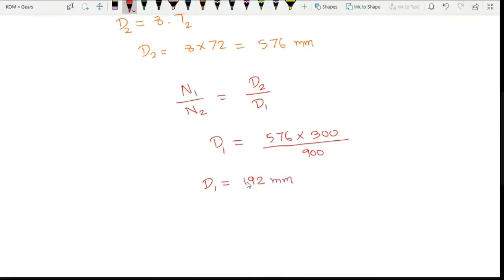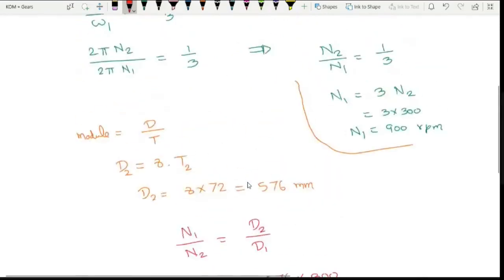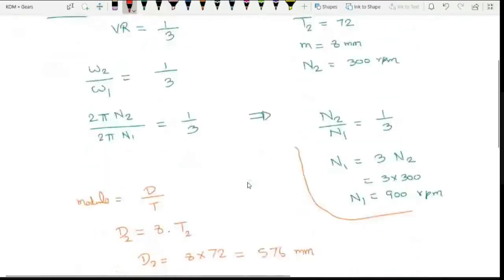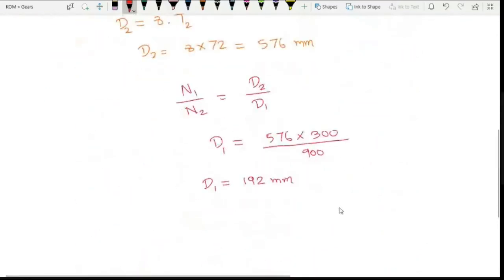Right? Can you identify what is your teeth, T1? You know the module will be the same, right? So since module is the same, module is equal to D1 by T1, which is equal to 8.